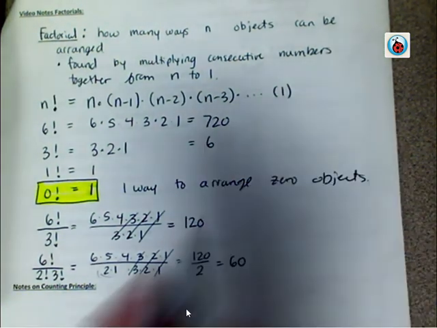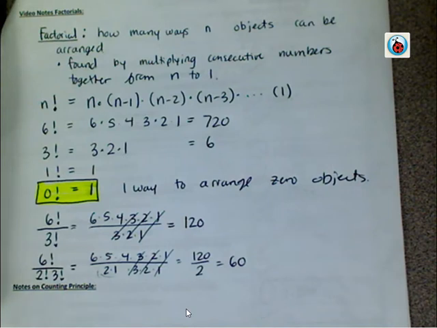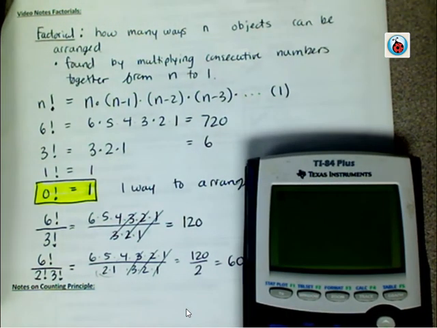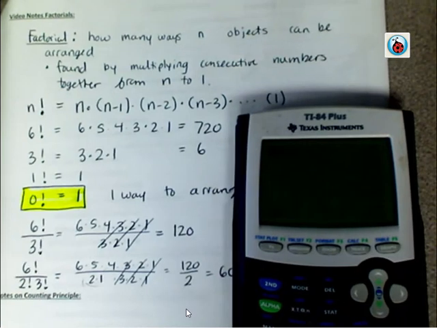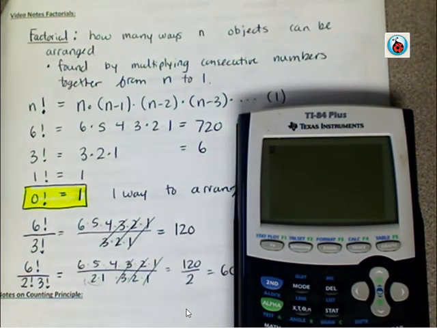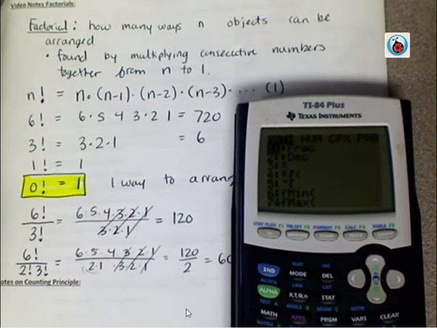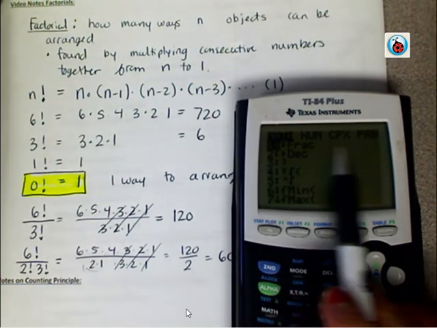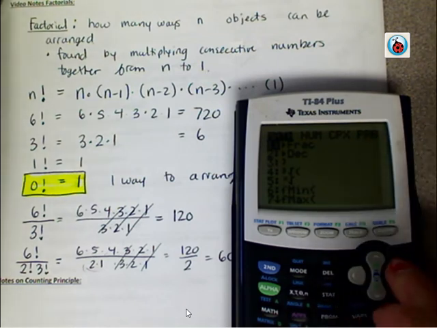So now let's go ahead and look at where this button exists in the calculator. Okay. So let's see. There we go. Factorial. If you press the math button, okay, so press math and then arrow over to the PRB.